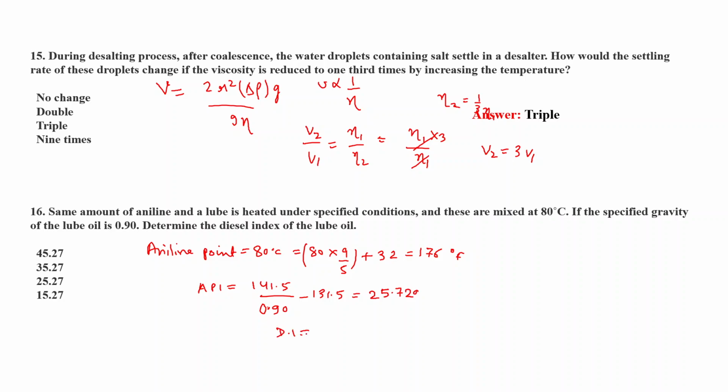So the diesel index is aniline point in Fahrenheit into API gravity upon 100. So it will give 45.27. Diesel index is 45.27.